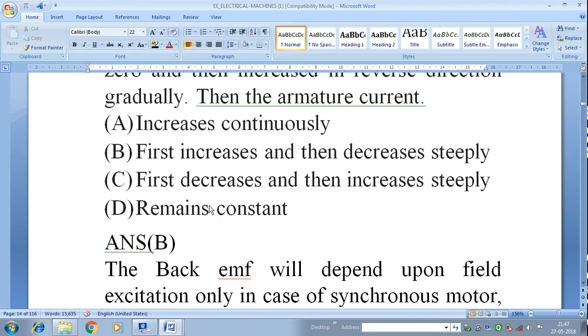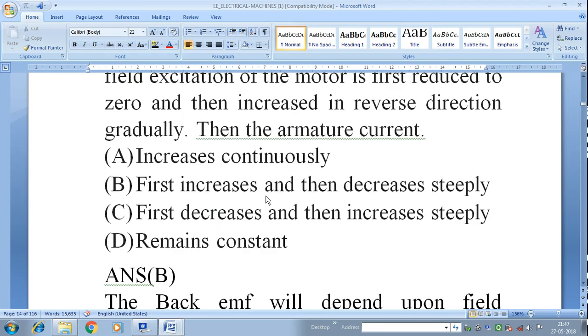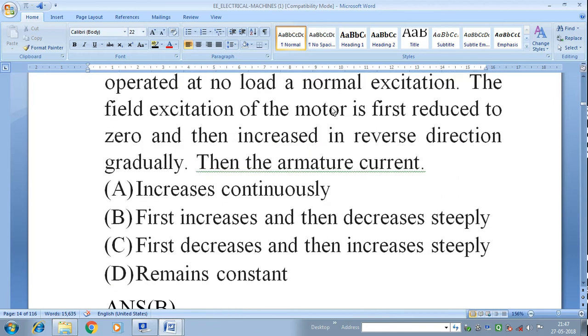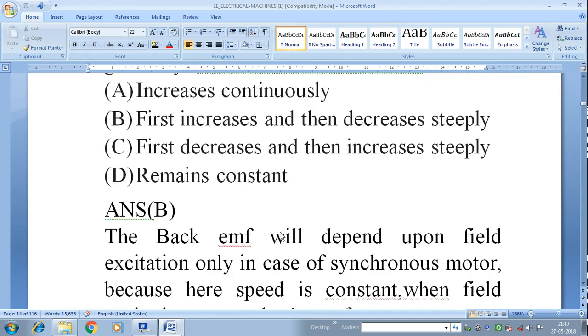The current first increases, and then the excitation is increased in the reverse direction. Then as the excitation increases, the back EMF also increases, and when back EMF increases, automatically the current decreases.